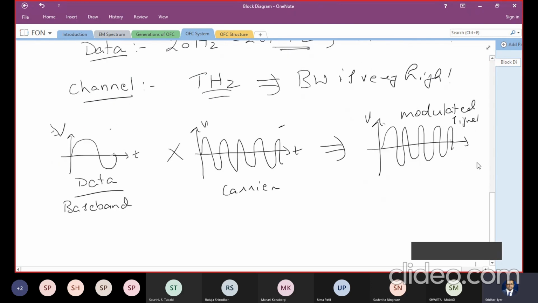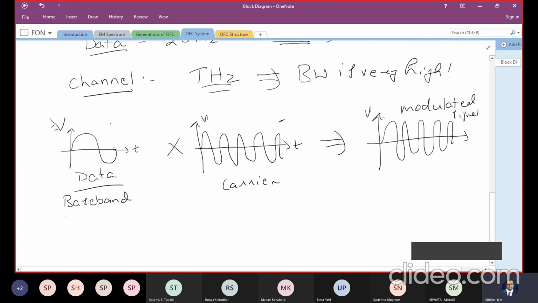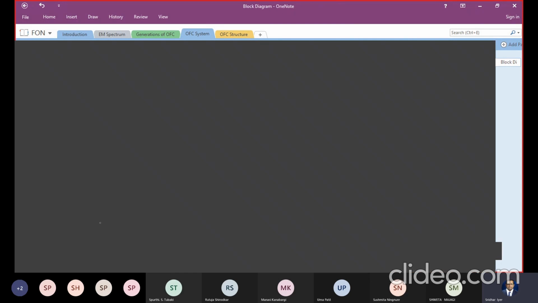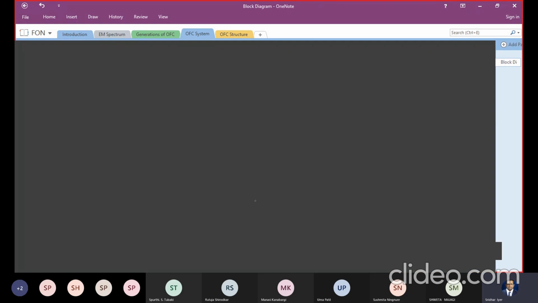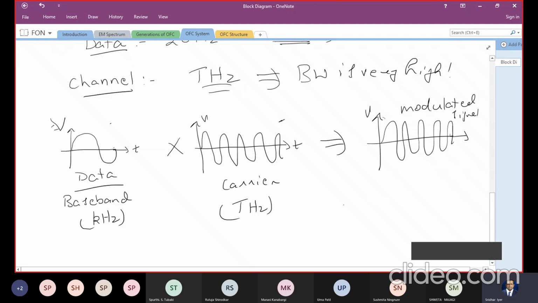What has happened here is the data or the baseband signal, whose highest frequency is kilohertz, is multiplied with a carrier signal which is in the range of terahertz, and since it is a lower number times a higher number, the frequency which you get in the modulated signal is terahertz, that is high frequency. So the reason why we modulate is to get very high bandwidth, and there are other advantages as well, that you can transmit the signal for longer distance and so on.